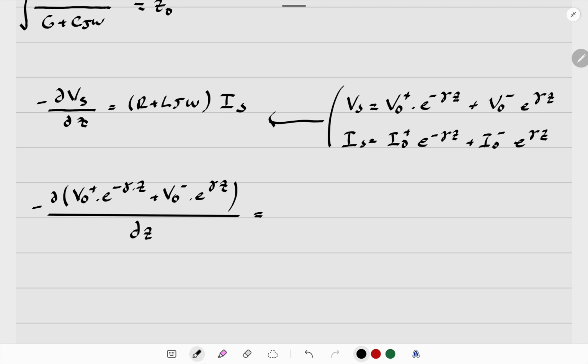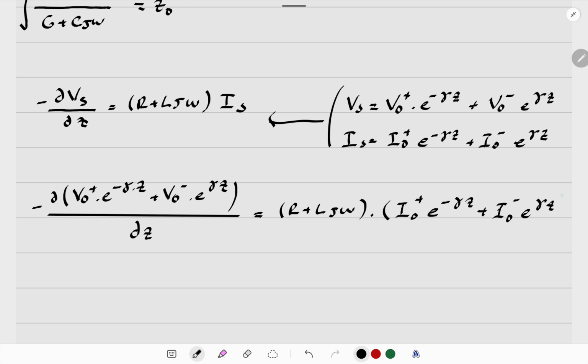So for this one, r plus lj omega equals, if we also get this Is like this here, I0 plus e to the minus z plus I0 minus e to the z.